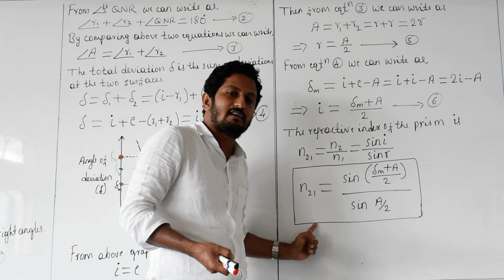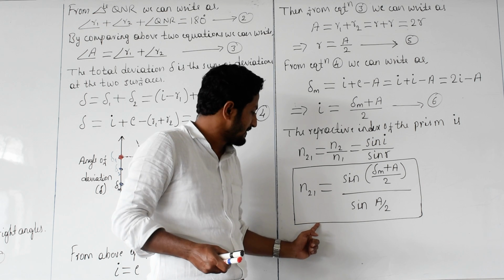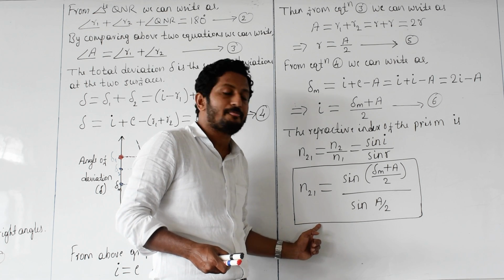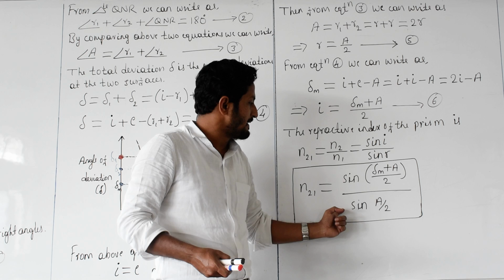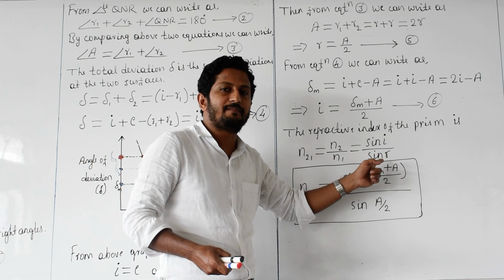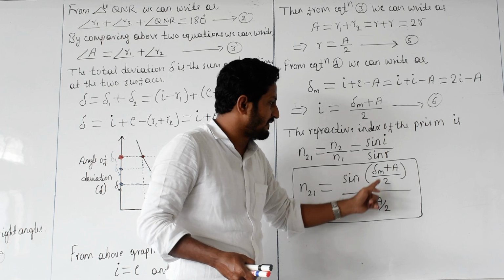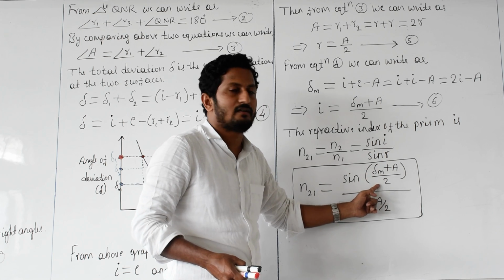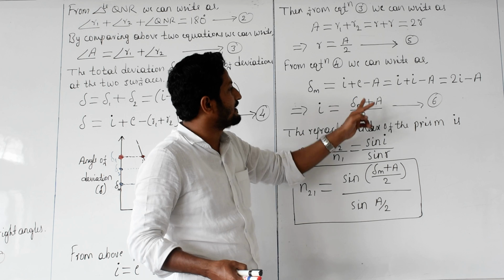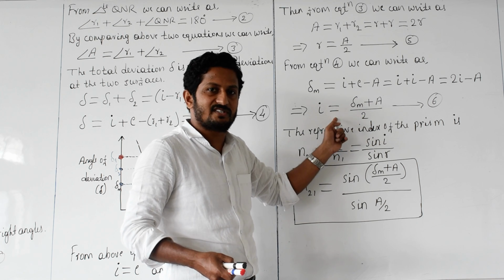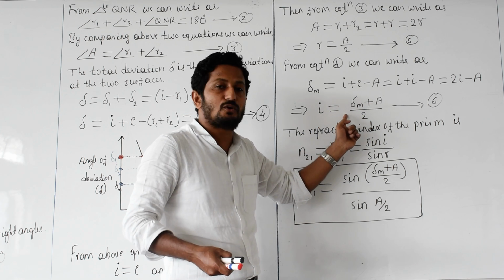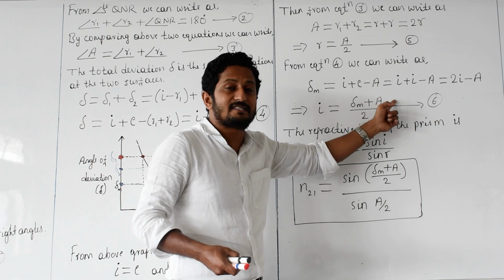Then the refractive index of the prism is equal to sin I. Just see here. In place of I, I have written this from equation 6. Equation 6 tells I is equal to delta m plus A by 2.